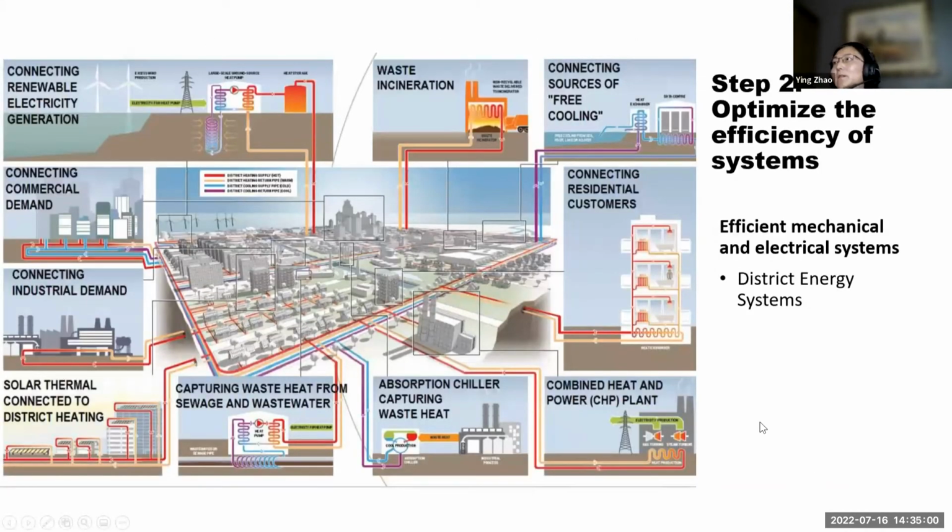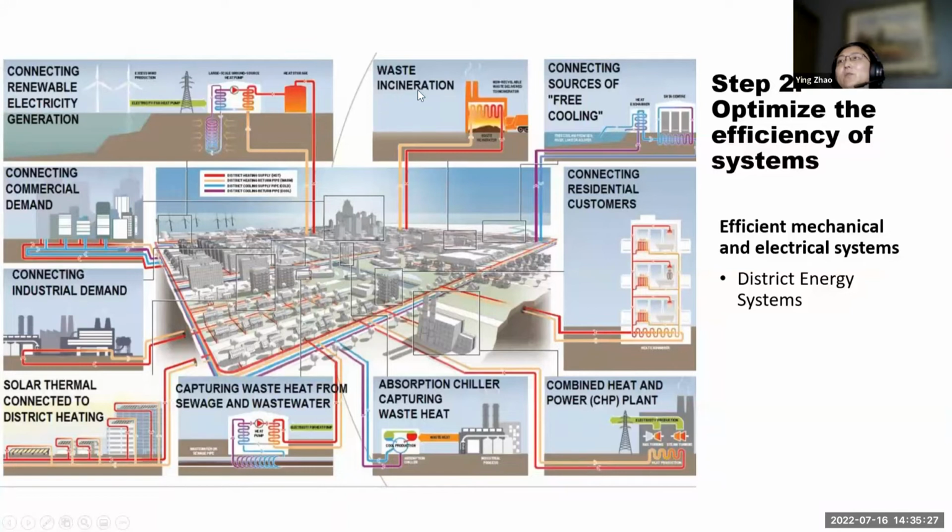Another efficient system would be a district energy system, which is, in a big city, typically a central system. The good side of this system, we will look at the picture. This is an example of a city district system.